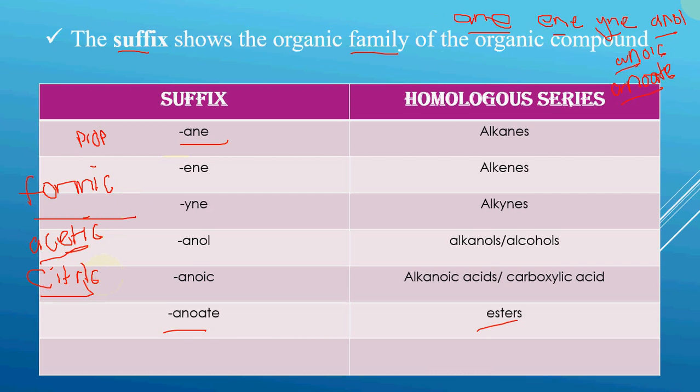Now I want to end this lesson with a quick review of the general molecular formulas of these organic compounds that we have. I'm pretty sure I talked about them some time back, but for the sake of those who missed it, I just want us to observe it now.